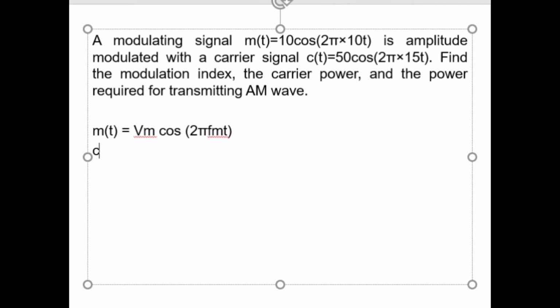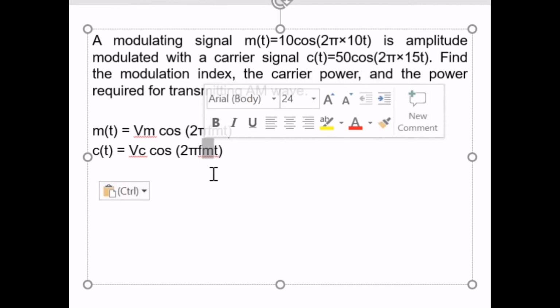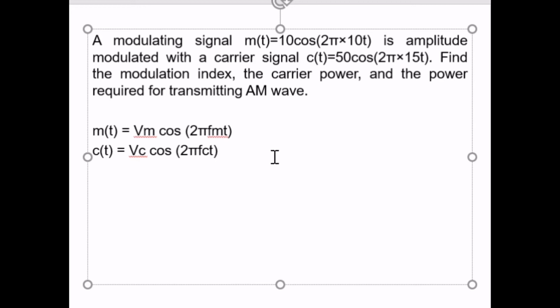And the general equation for the carrier signal is Vc cos 2π fc t.